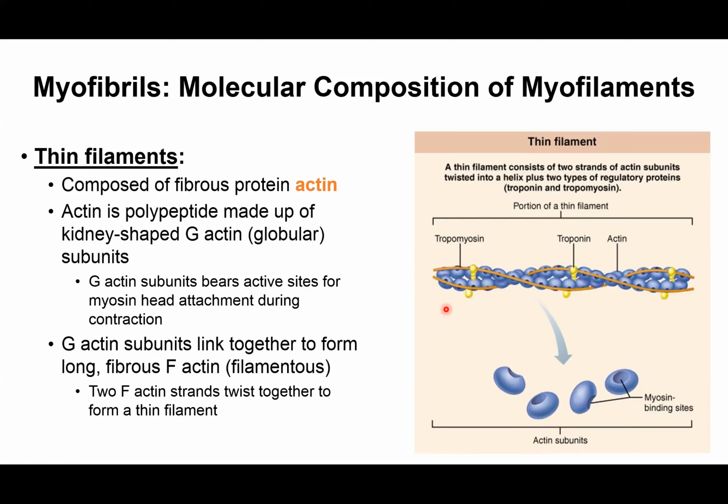Okay, so we have a G-actin subunit. When we link the G's together, they become F. And when we twist them up into strands, they become thin filaments.